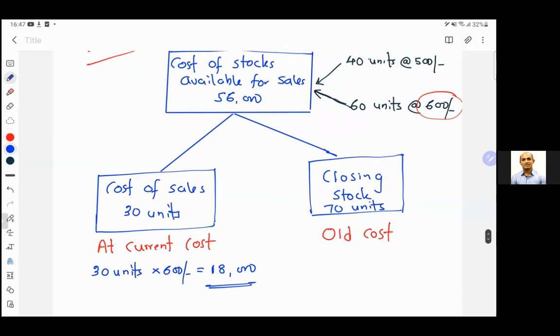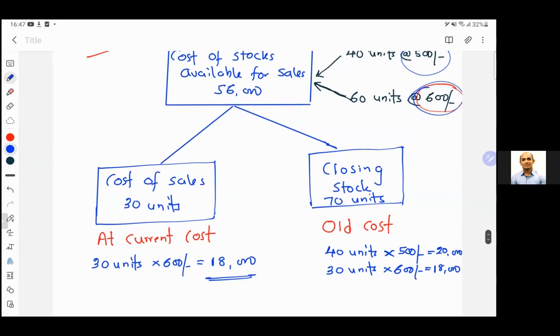Now you see, out of 70 units, 40 units you value at old cost 500, that is 20,000. The balance 30 is valued at the next price, 600, that is 18,000. Then closing stock is 38,000.